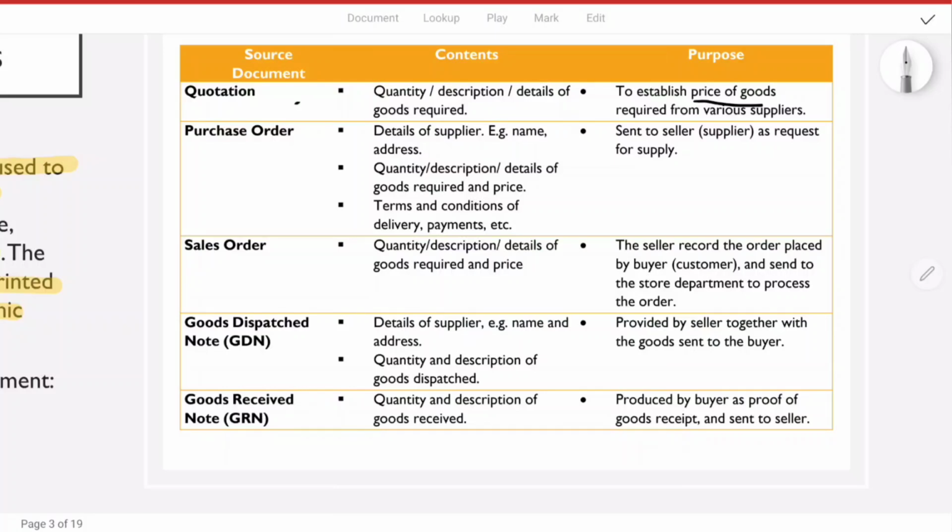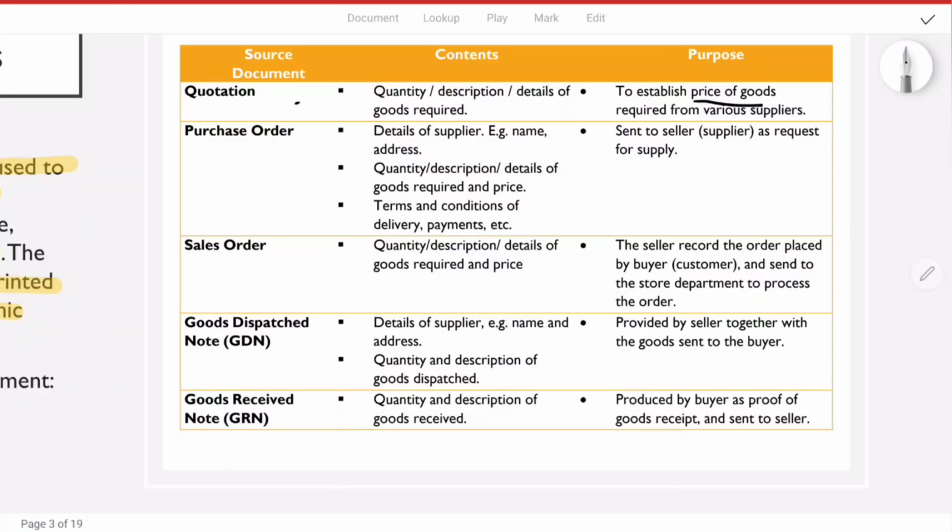Because from the quotations that we receive from different suppliers, it allows us to make a comparison of maybe the same items but from different suppliers. It could be different in terms of the price, or if we do not state the specification but only the item.